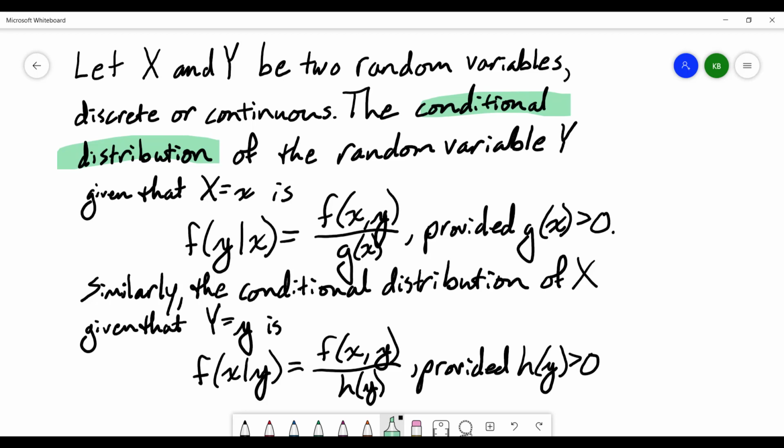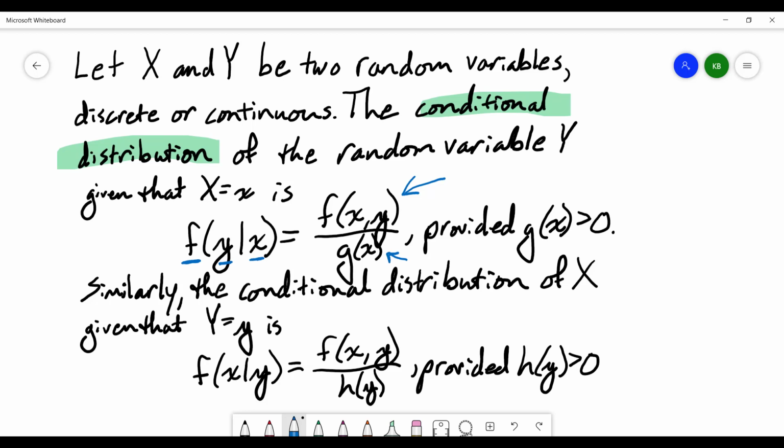So we write this conditional distribution as the function f, that is our joint probability distribution, of our random variable y value, given that our random variable x value already happened, using that bar for given like we have before. And this is going to equal the joint probability distribution for our xy point divided by the marginal distribution of x.